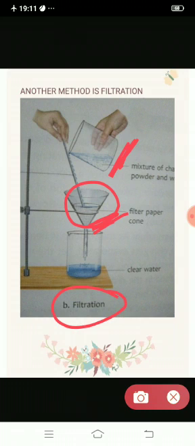The fine particles still left in the liquid are removed by the filter paper, and the clear liquid is collected as clear water. Thus, the processes of sedimentation, decantation, then filtration are done to separate the insoluble solid from the liquid in the mixture.